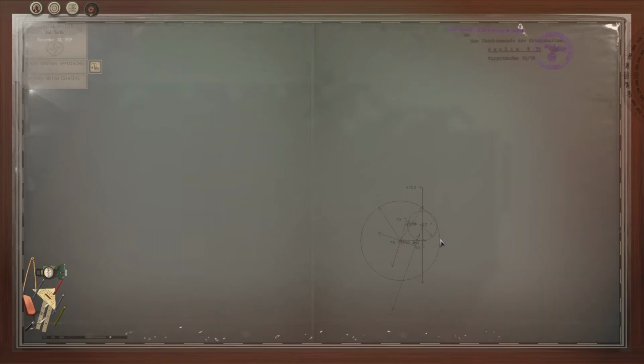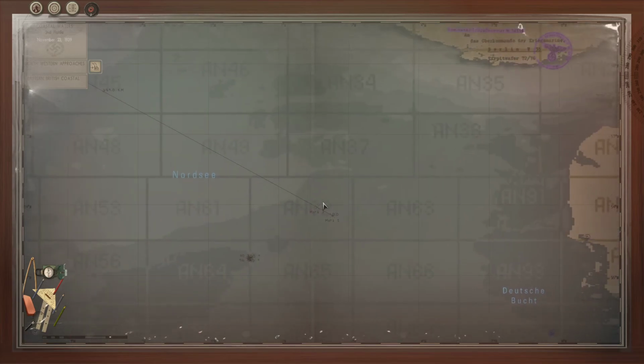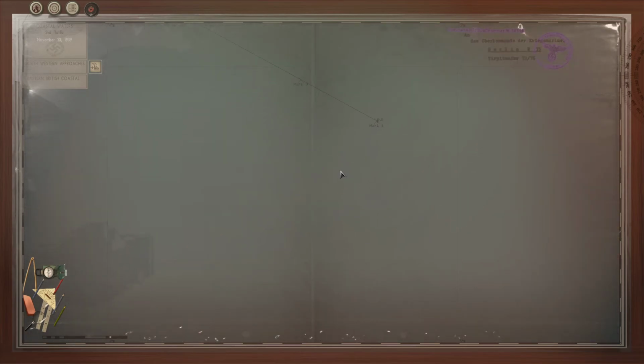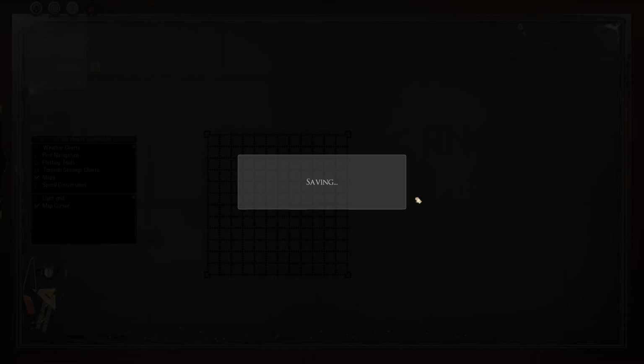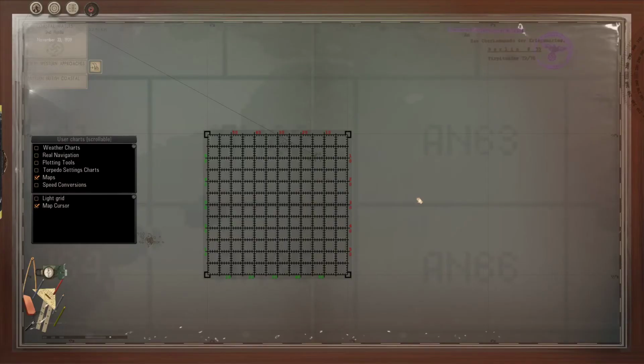So we got those. Then we come back up to the appropriate grid. We get our grid up here, and we align it, and we say, okay, we need to plot the actual fix that we figured out. It takes just a little finessing to get it close. That's close enough there.